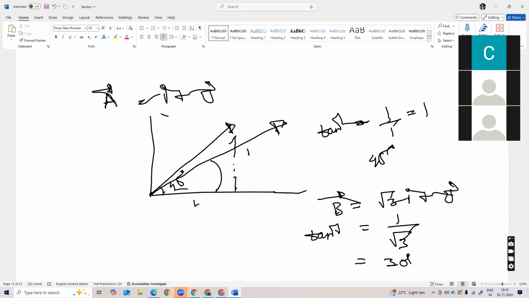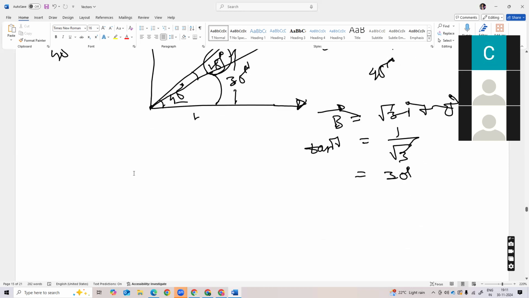So A is making an angle of 45 degrees with the x-axis, and B is making an angle of 30 degrees with the x-axis. So the angle between A and B is 15 degrees.